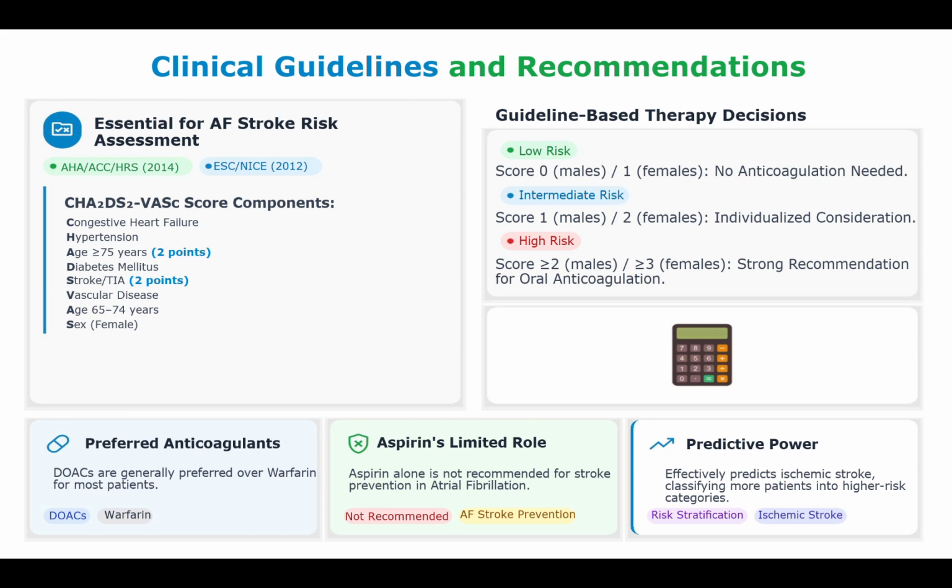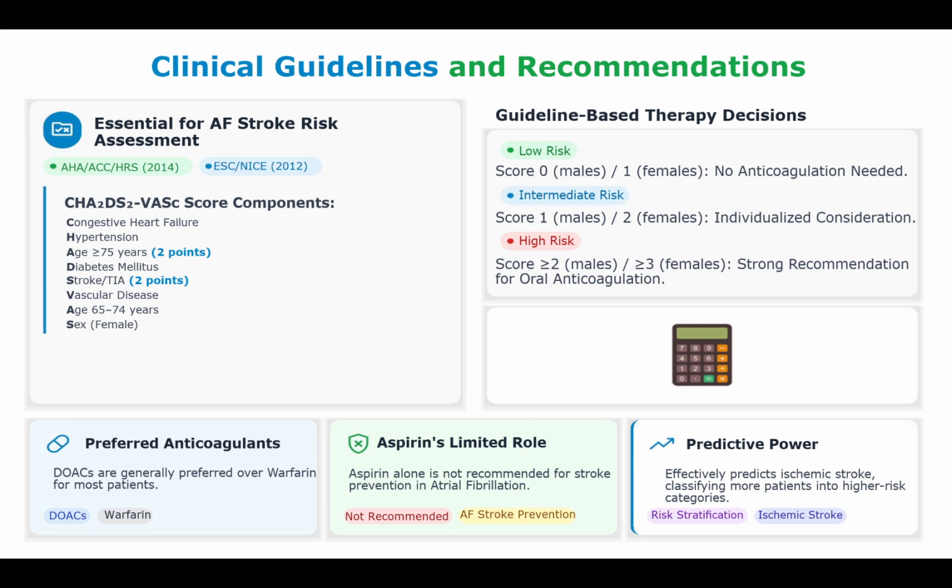For patients falling into the intermediate risk category, which usually includes males with a score of 1 or females with a score of 2, the guidelines suggest careful consideration of anticoagulation. This particular decision-making process often involves a comprehensive shared discussion with the patient, meticulously weighing the potential benefits of stroke prevention against the inherent risk of bleeding.